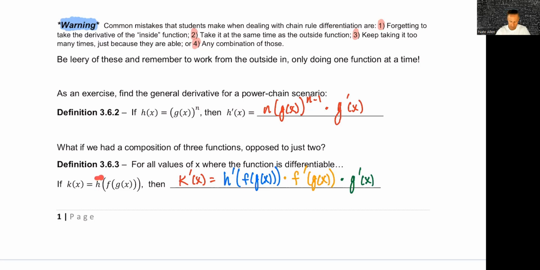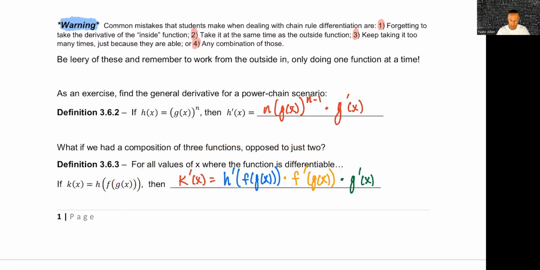So starting from the outside, working our way in, you should have taken the derivative of h first, not touching the inside. So still have our f of g of x. Then second, now that we've done that, we would take the derivative of f. Again, not touching the inside, leaving that one. And then lastly, taking the derivative of g, g prime of x.